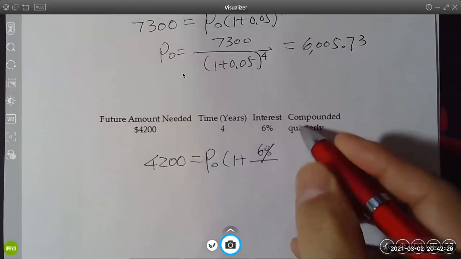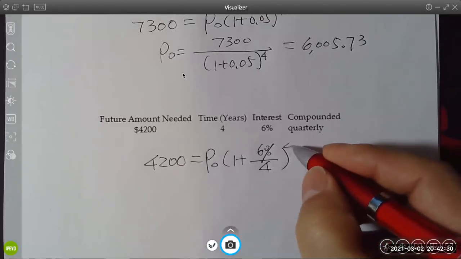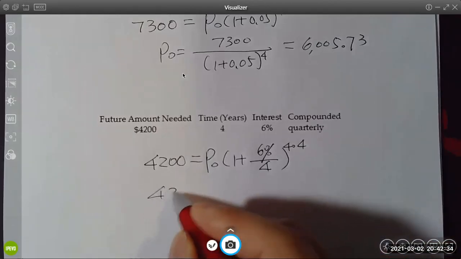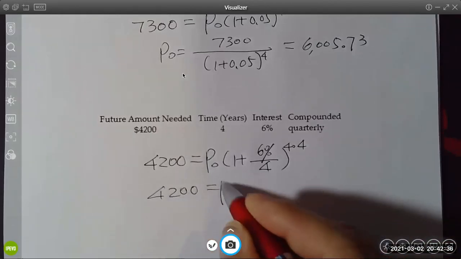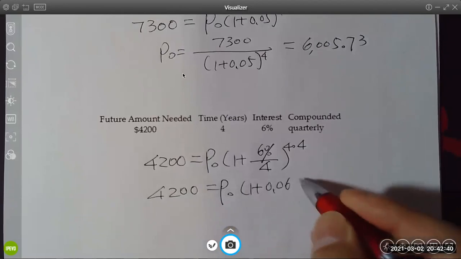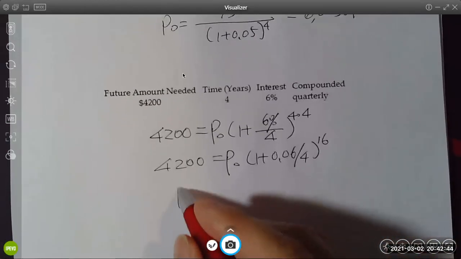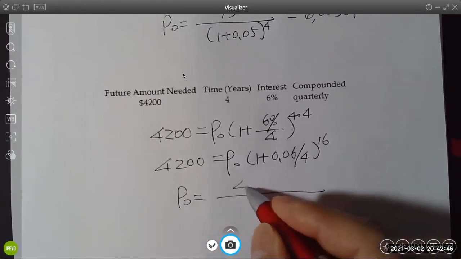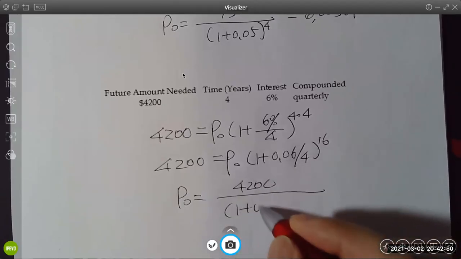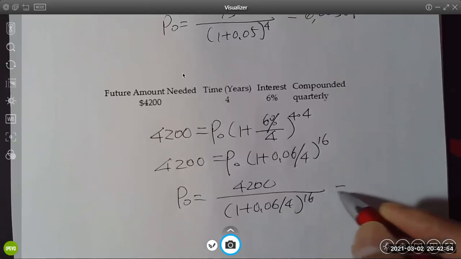We compound it quarterly, that means we do it 4 times a year, to the power of NK. 4 times 4, totally we do it 16 times. 4,200 equals P0 times 1 plus 0.06 over 4 to the power of 16. P0 equals 4,200 divided by this whole thing, 1 plus 0.06 over 4 to the power of 16.